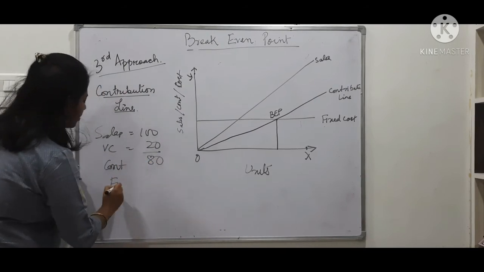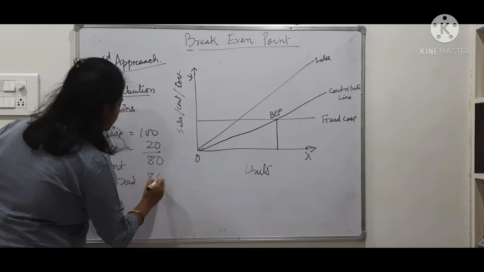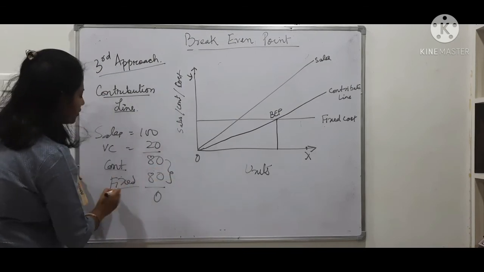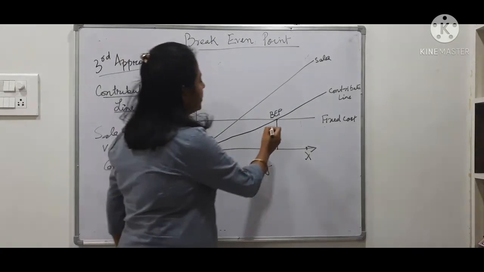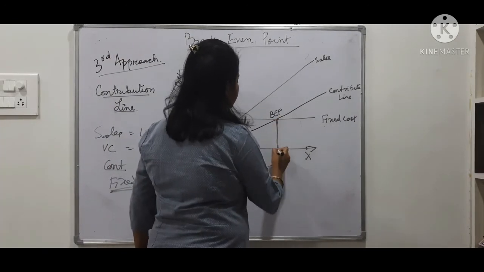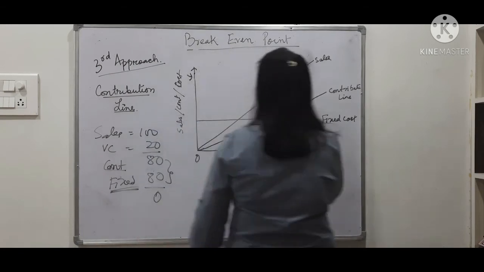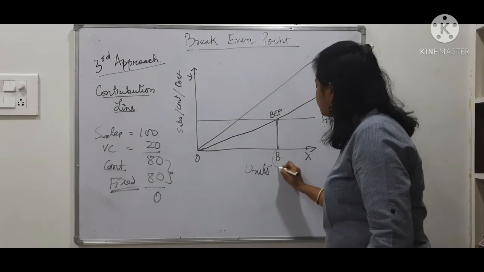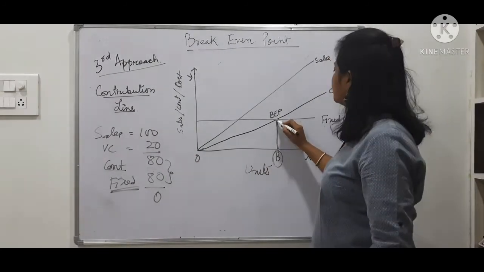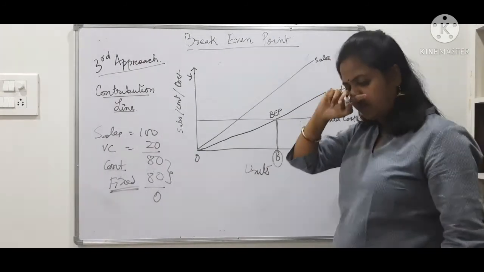Now if your fixed cost is 80, you don't have any profit. So we are looking for that point where contribution and fixed cost are the same. The moment I find that, I say this is my break-even point B. If I sell OB amount of output, I will reach my break-even point.